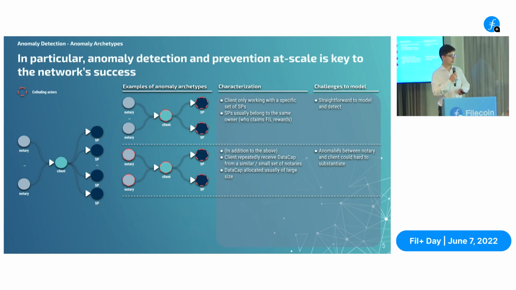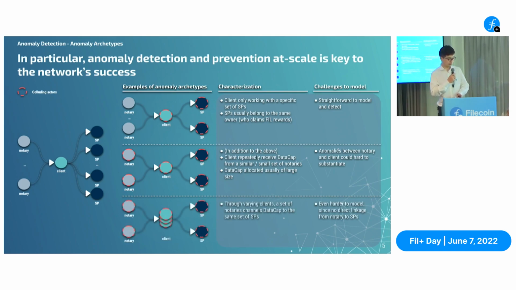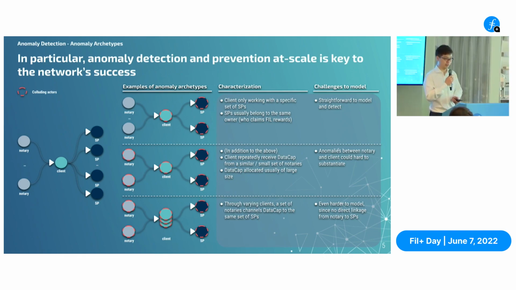And yet another more interesting type of anomaly is that we observed the same set of notaries channeling the same set of data caps to storage providers, but through a transient set of clients, which is to say that the clients disappear. They only do one deal and disappear, but ultimately those who benefit from the data cap flow are the same set of storage providers.